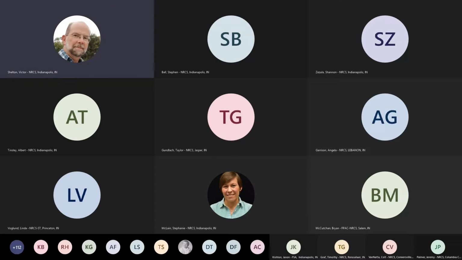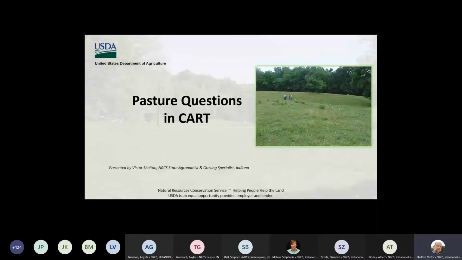All right. I want to talk about how some pasture condition score indicators are used in CART today, and a little bit about some other pasture resource concerns. First of all, there's three basic questions for livestock that you'll be asked. Are there livestock present or not, yes or no? What is the primary species?